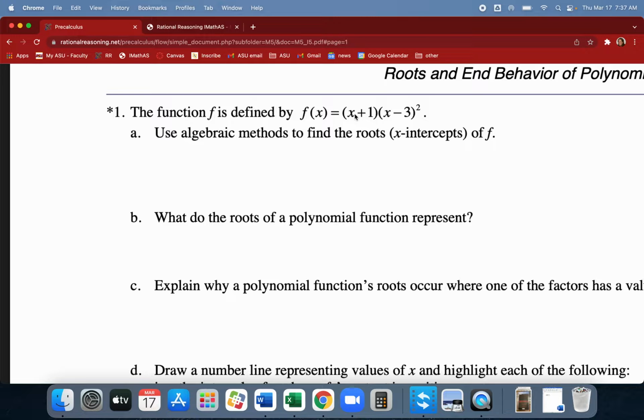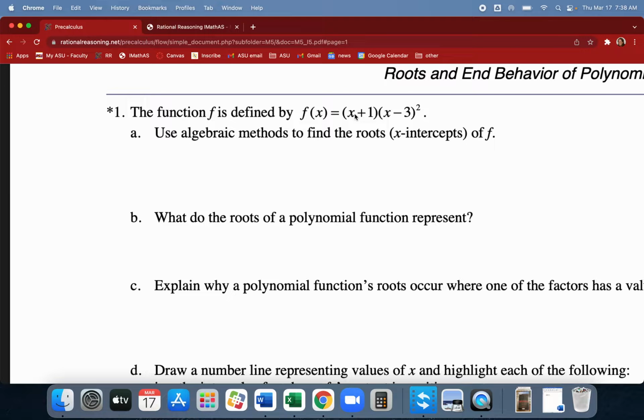But x cubed graphs, we talked about these last time. If x is extremely large, all x cubed graphs kind of have the same pattern. If I have a positive x cubed, when x is extremely positive, this is extremely positive. When x is extremely negative, so is this.